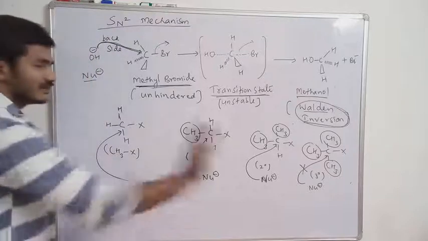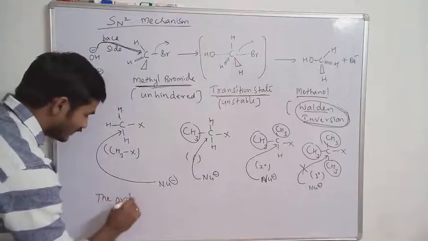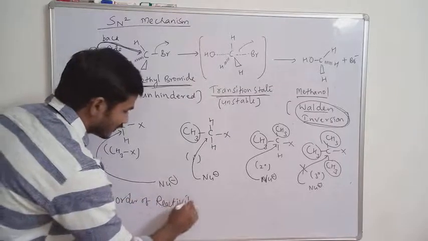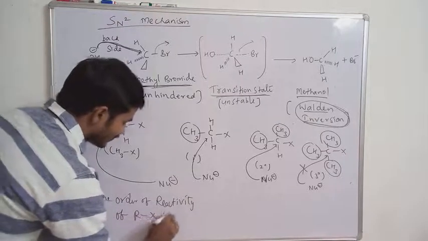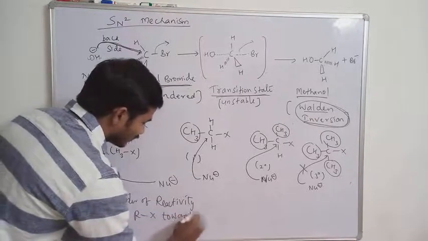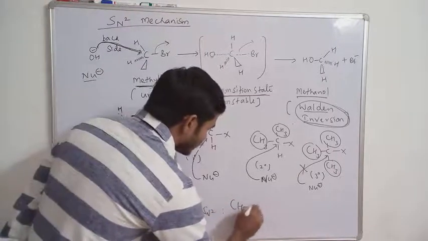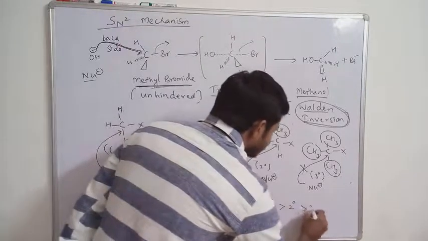So from all these alkyl halides, the order of reactivity of alkyl halides towards the SN2 mechanism is: methyl halides are more reactive, then primary, then secondary, and least tertiary.